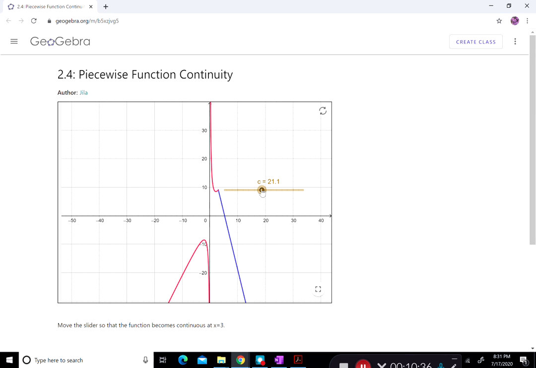So we're trying to find the point where it becomes connected. We have to make this a little bigger to make sure we're finding the right number, but it's approximately around 21. So let's make sure that's the value actually.